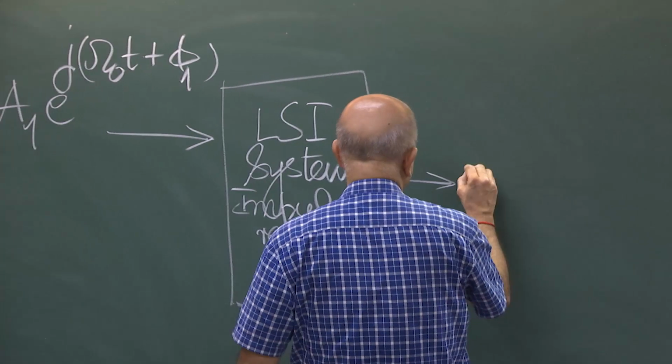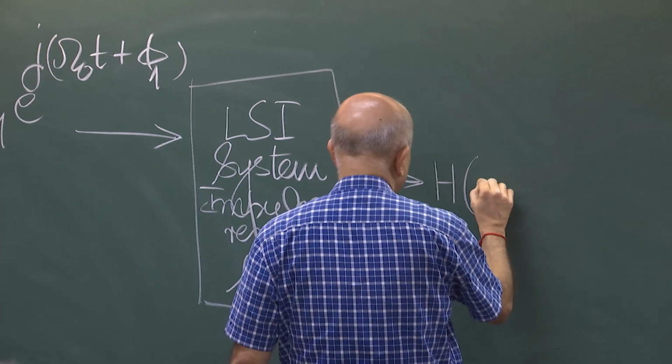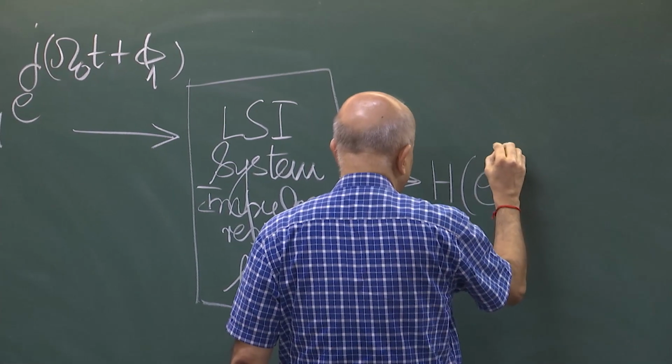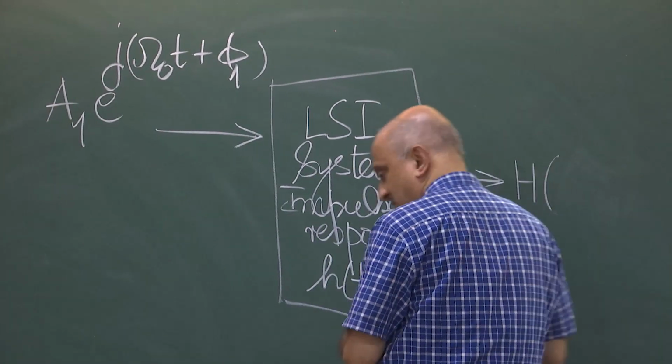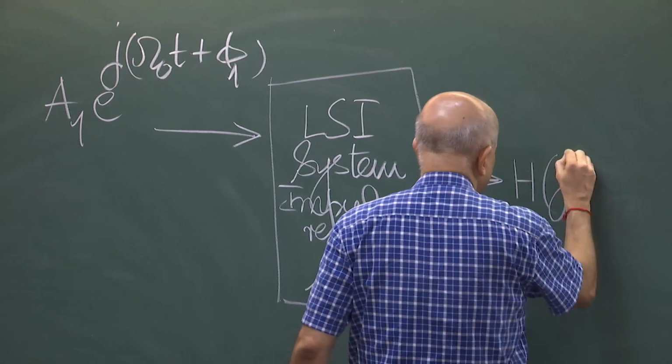So, it is a complex constant of the form H of j omega naught. It is a function of j omega naught, isn't it?